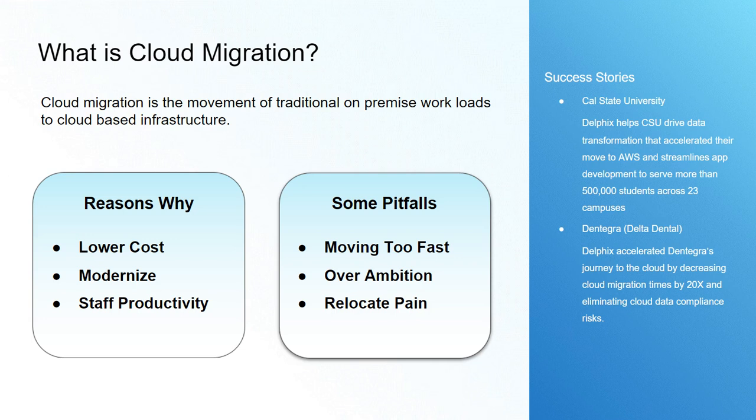Similarly, Cal State University and their partner Unisys are also embarking on a thin migration to the cloud. Cal State has been a long-time customer of Delphix on-premise, where they were virtualizing Oracle on Solaris. When they decided to move their non-prod workloads to AWS, they knew they had some work ahead of them, right?